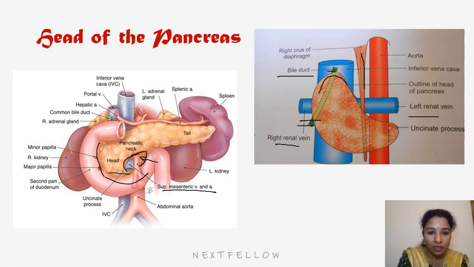These structures are present anterior to the uncinate process, and posterior to the uncinate process it is related to the abdominal aorta. We can see here, this part is the uncinate process. Posteriorly it is related to the abdominal aorta, and also the right crus of diaphragm. So these are the important posterior relations of head and uncinate process.